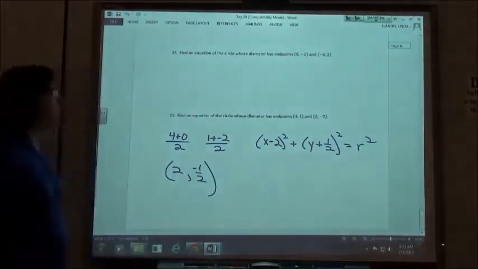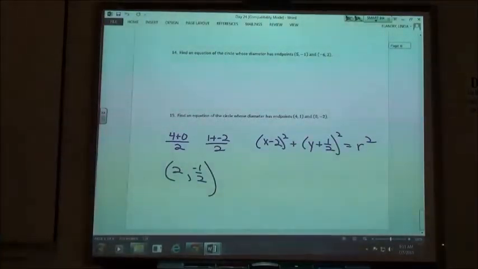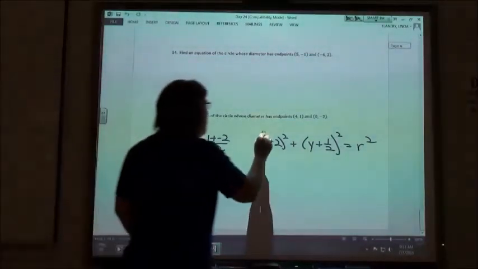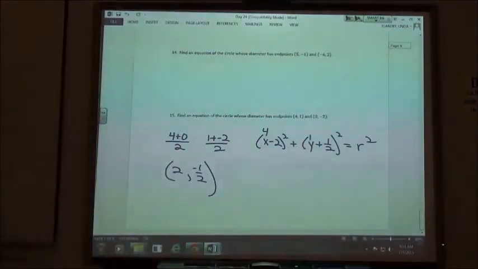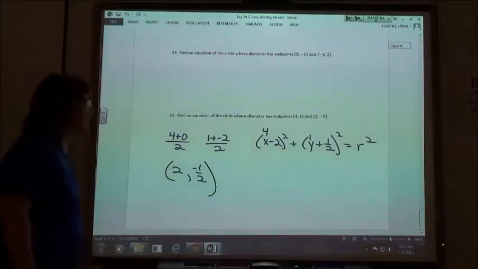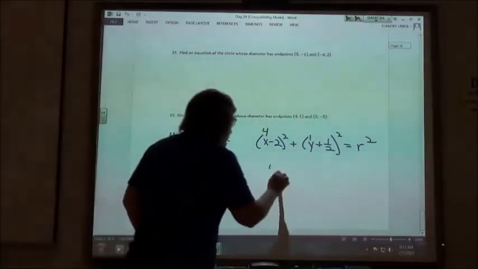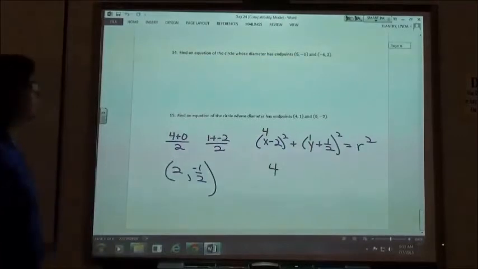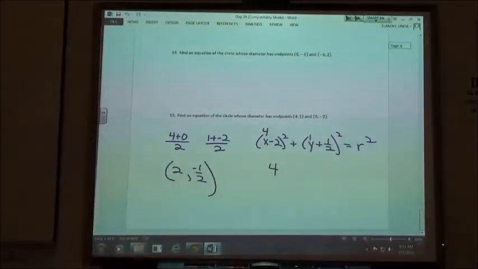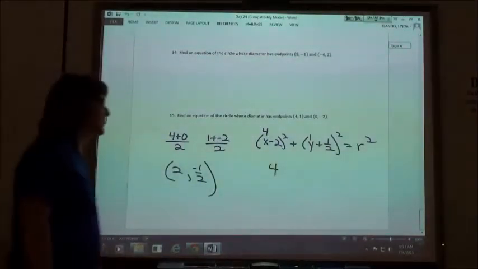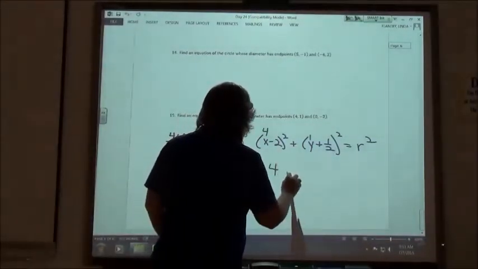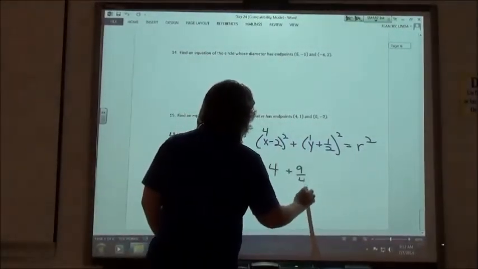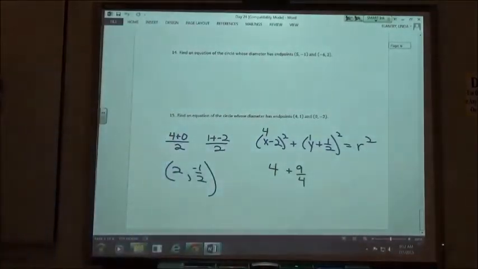And you want to put in (4, 1) or (0, -2)? (4, 1), okay. So, 4 minus 2 squared would give me 4. And 1 plus 1/2 squared, 3/2 squared, which is 9/4, right?